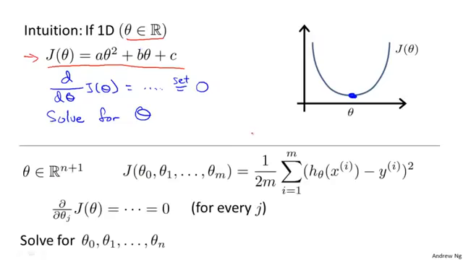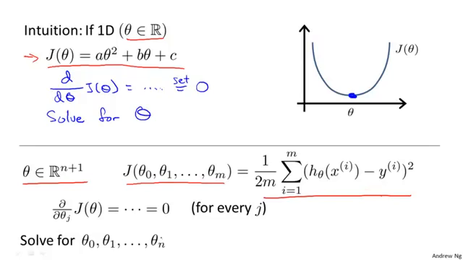In the problem that we're interested in, theta is no longer just a real number, but instead is this n plus 1 dimensional parameter vector. And our cost function J is a function of this vector value of theta 0 through theta n, and the cost function looks like this sum squared cost function on the right. How do we minimize this cost function J?